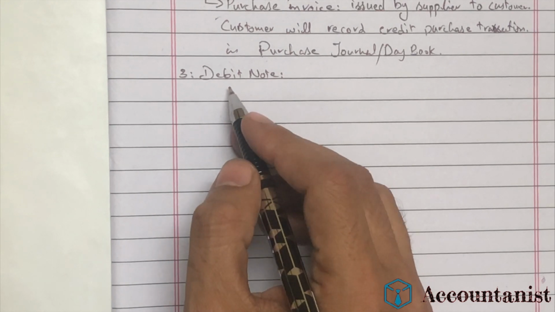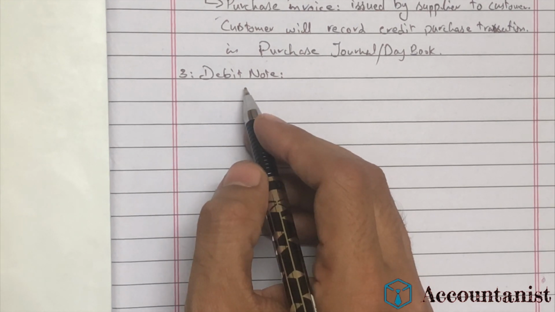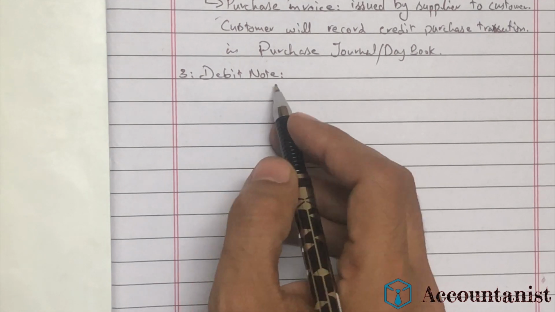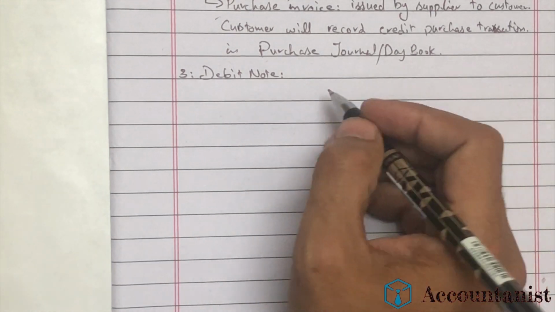So the debit note is the request document, actually. I'm going to explain this in this way.